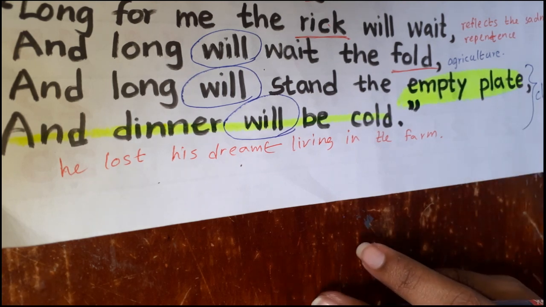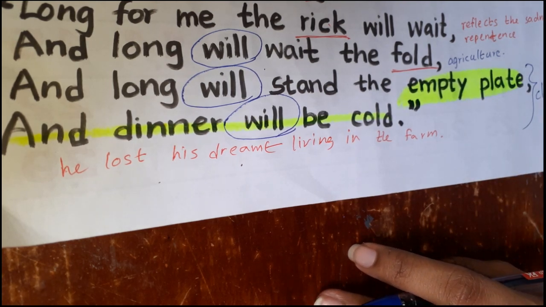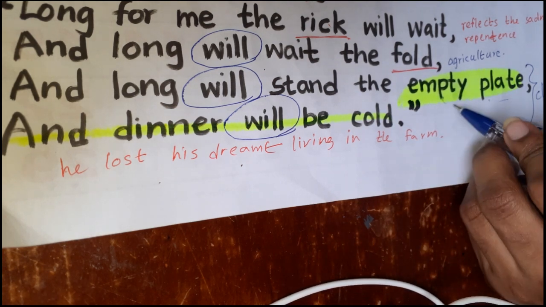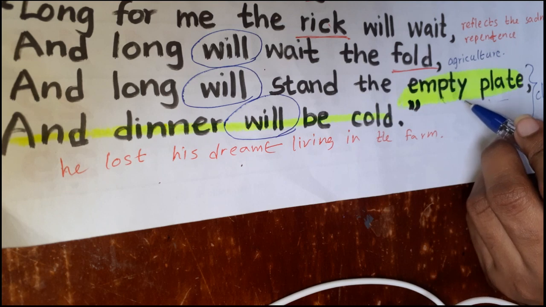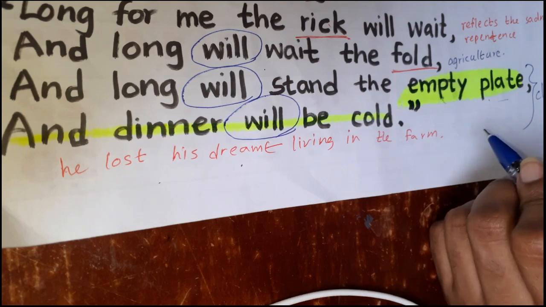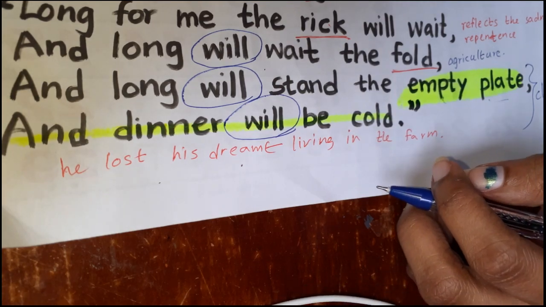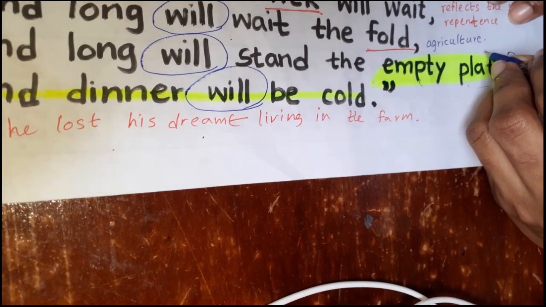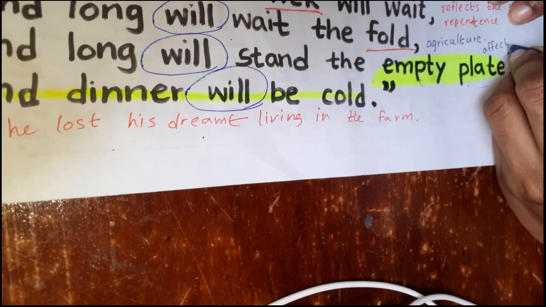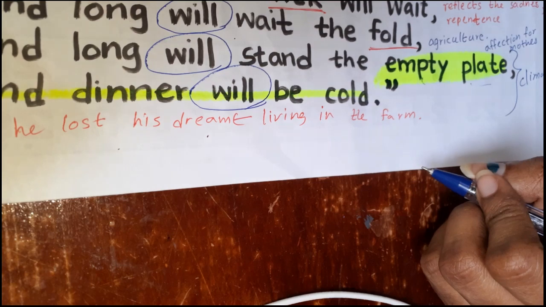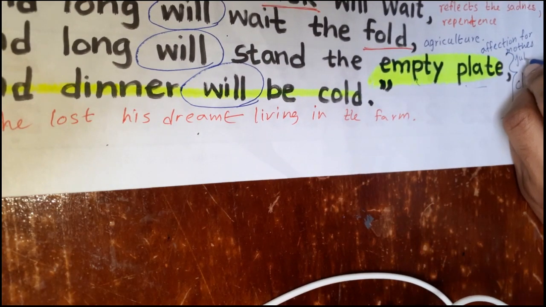because it's a very emotional situation for the narrator, and he actually knows that his mother who is left here will suffer from this empty plate. So in a way it suggests his affection for his mother, but at the same time he has guilty feelings.